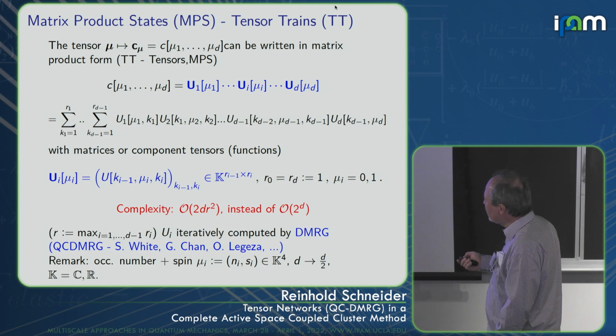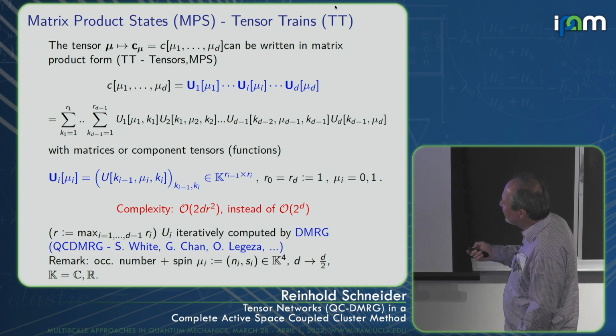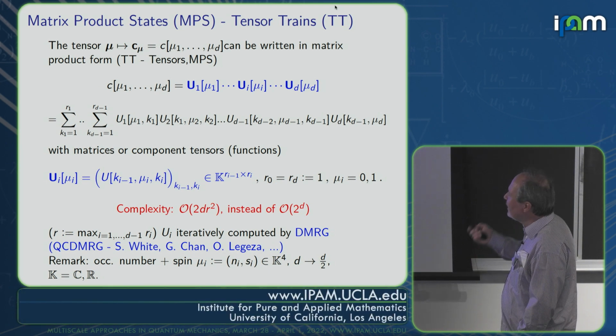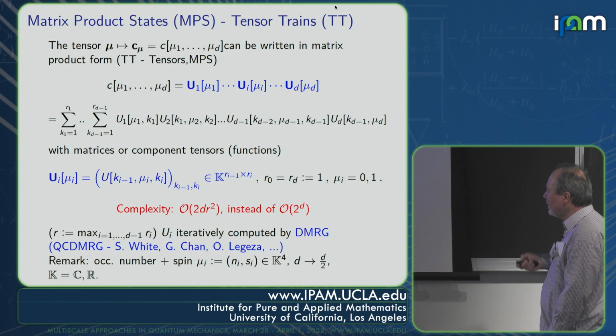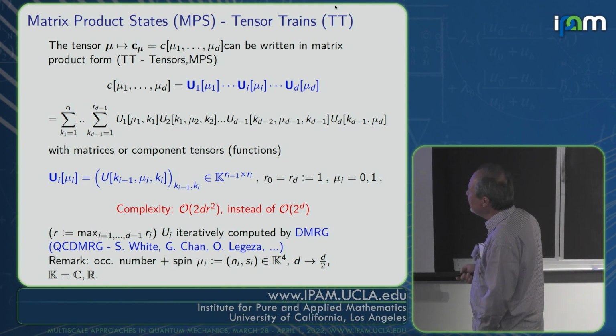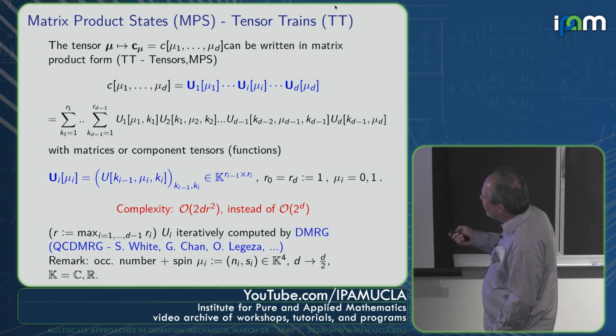So it no longer scales exponentially with d, only linearly. The only thing is that this bond dimension can be quite large. Yeah? If you make it sufficiently large, you can recover any tensor, but then you are already in the full space.